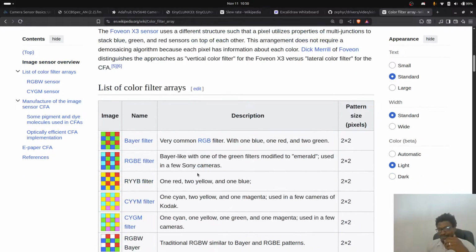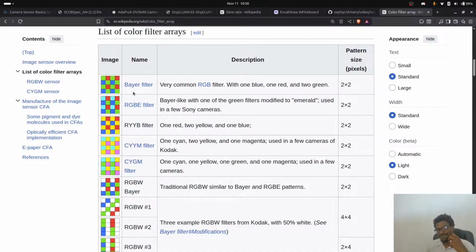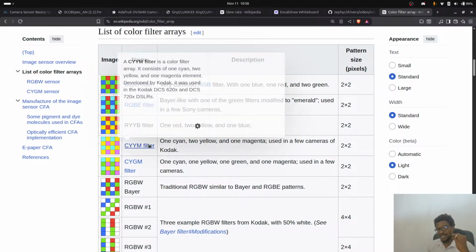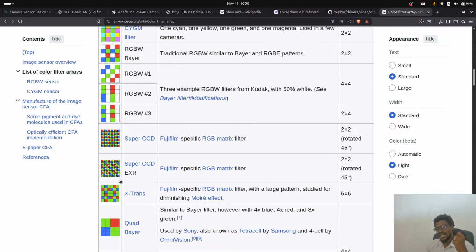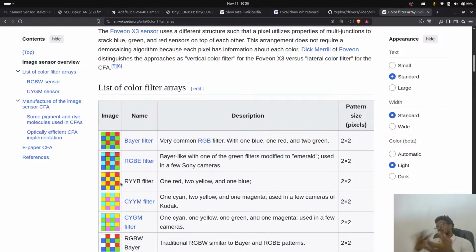There's a Bayer filter, an RGBE filter, a CYYM, a CYGM, an RGBW. These are all color filter arrays, and these are all arrangements of what you can assume to be tiny analog to digital converters that are tuned.